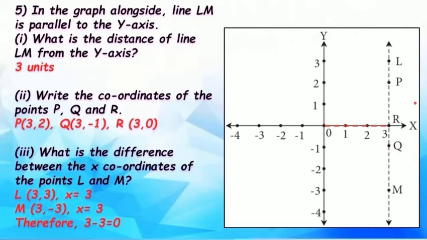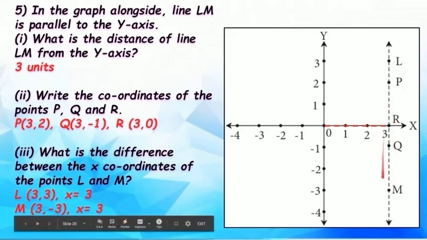The next part of the question says, what is the distance of the line LM from the y-axis? Now if you all observe, this line has points L, P, R, Q, M. All these points are at the same distance. Since they lie on the same straight line, they are at the same distance from the y-axis.